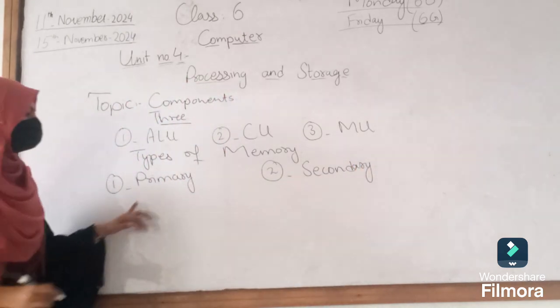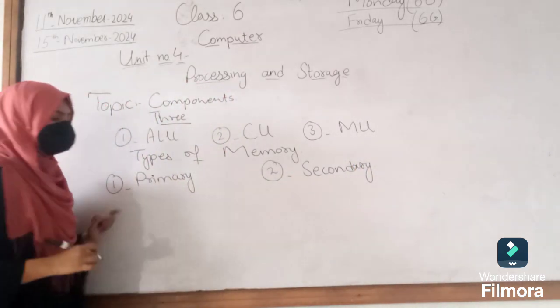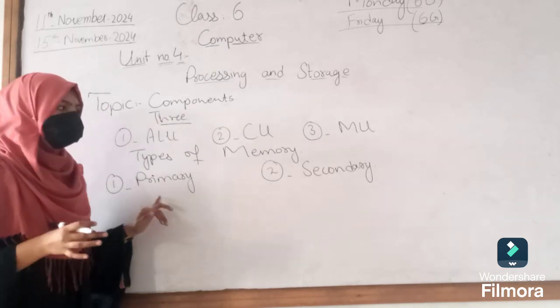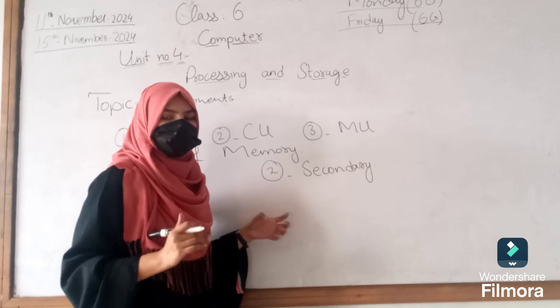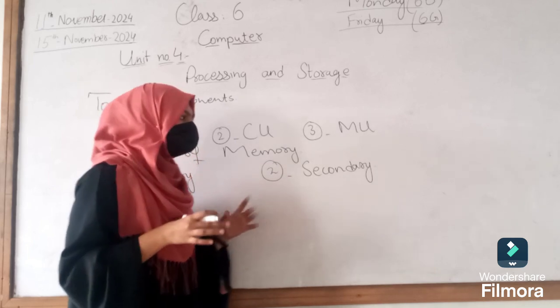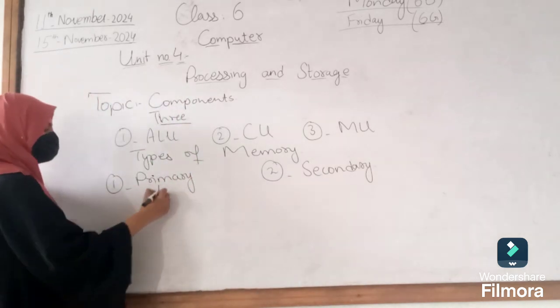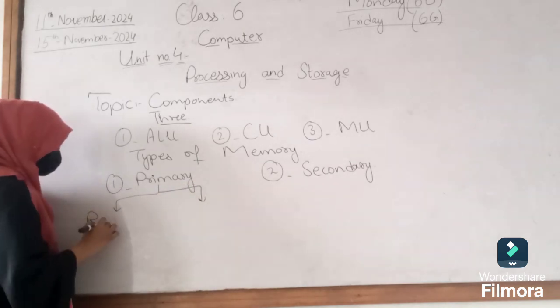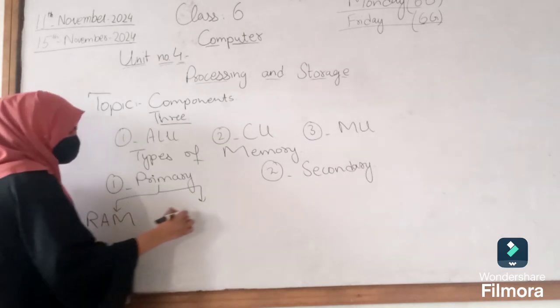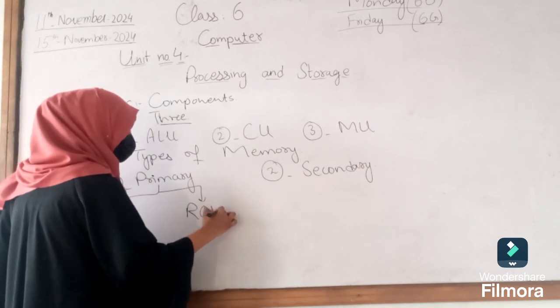Primary memory is the one that stores data for a short time period, and the secondary memory stores your data for a long period of time, permanently. There are 2 types of primary memory: one is the RAM and the other one is the ROM.